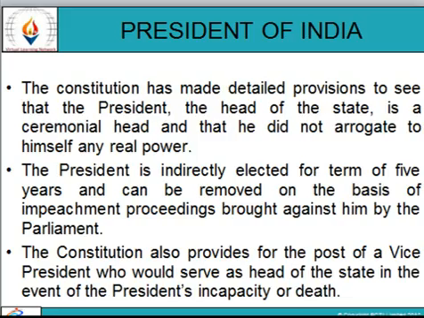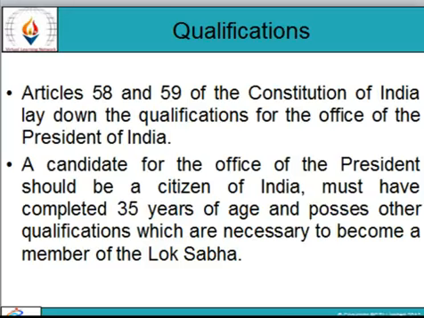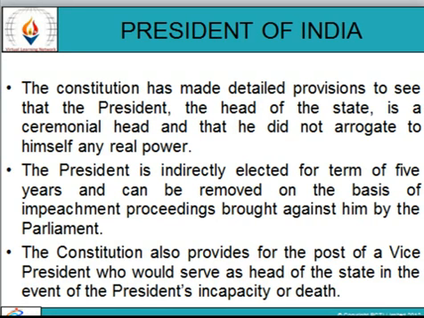The President is indirectly elected for a term of 5 years and can be removed on the basis of impeachment proceedings brought against him by the Parliament. The Constitution also provides for the post of a Vice President who would serve as head of the state in the event of President's incapacity or death.